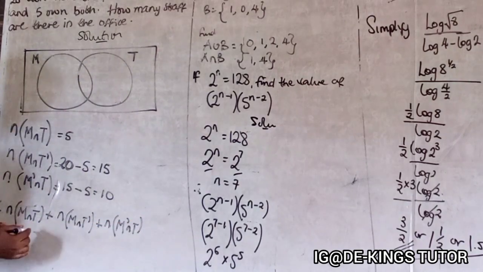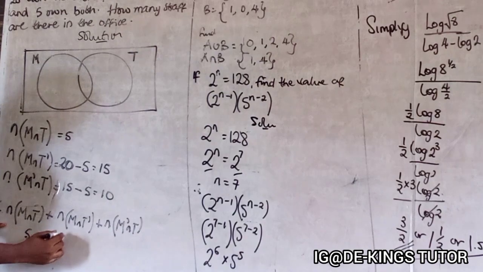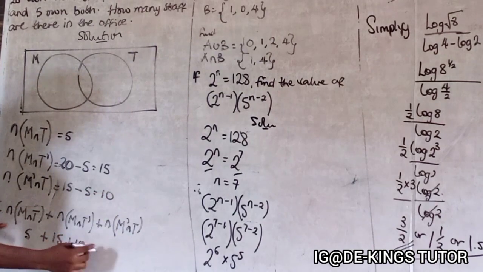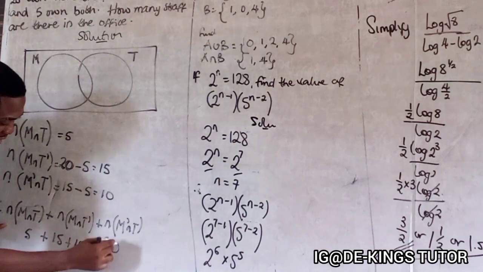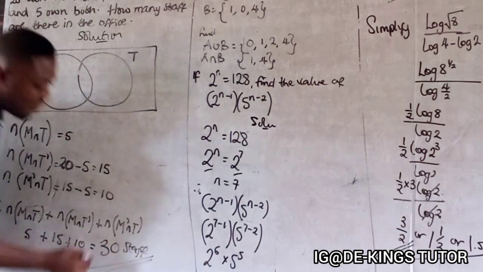So the ones that have both is 5, plus only Mercedes 15, plus only Toyota 10. So 10 plus 15 plus 5 is 30. So it's 30 staff.